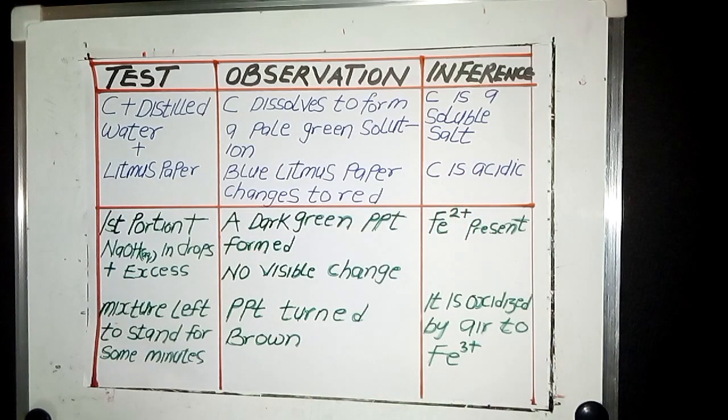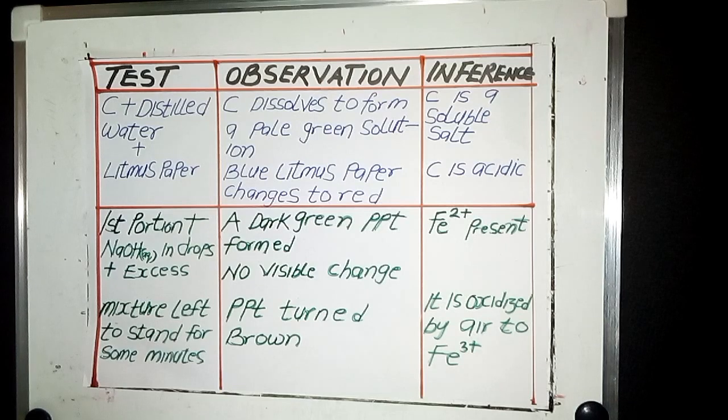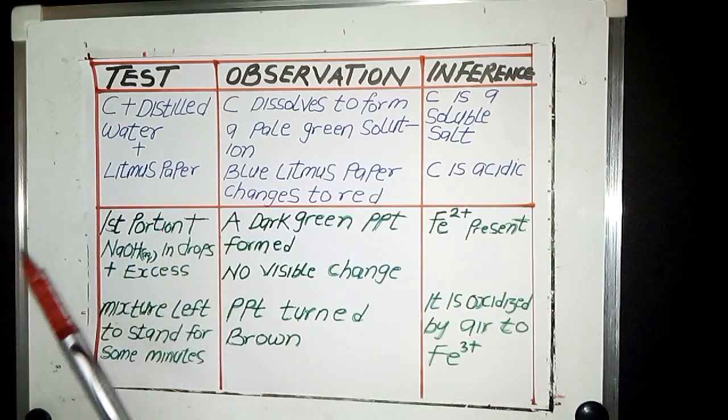Then normally you might be asked to divide this solution into 3 portions, because you're going to carry out separate analysis on them. So here I said first portion, assuming that you're going to measure 5 ml each of this portion into maybe 3 or 4 test tubes.